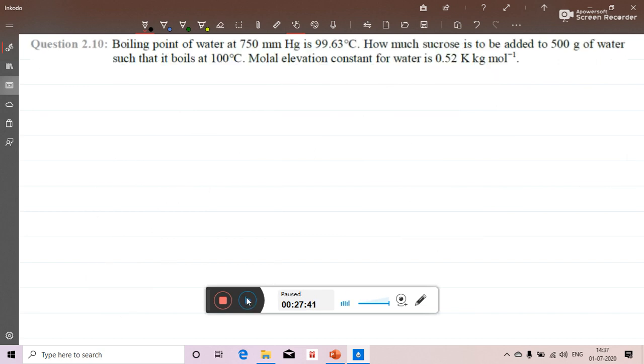Now next is in text question 10. Boiling point of water at 750 millimeter of mercury, that is TB naught. So TB naught equal to 99.63 degree Celsius is given.